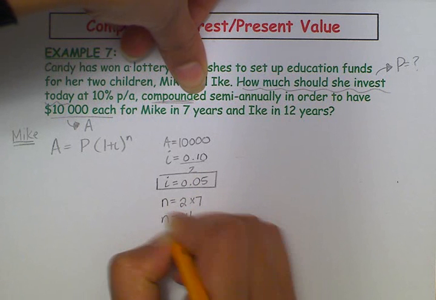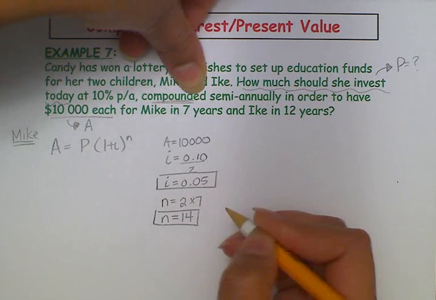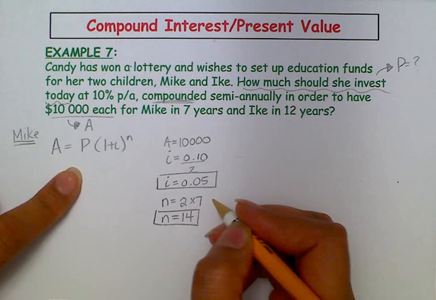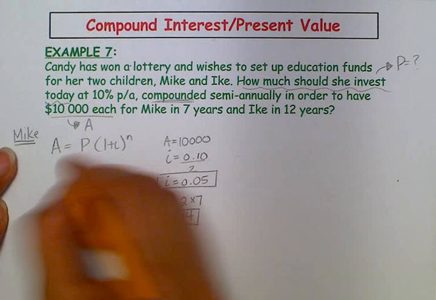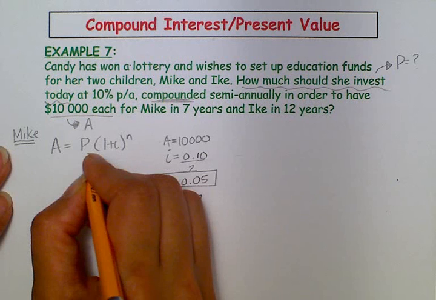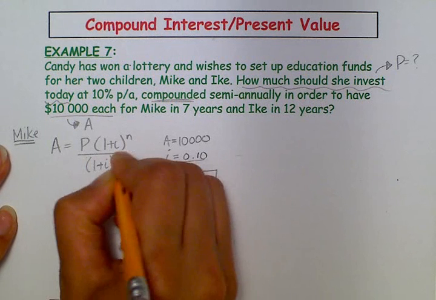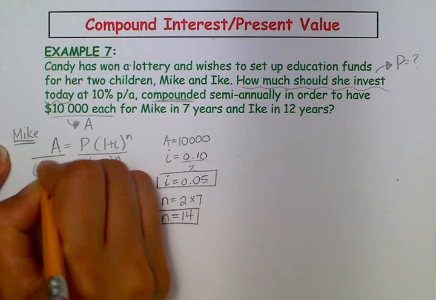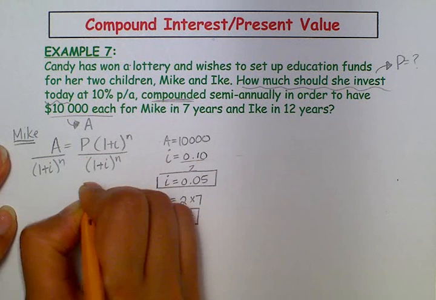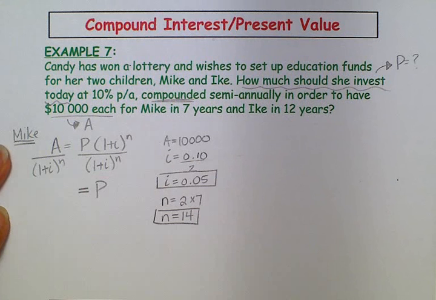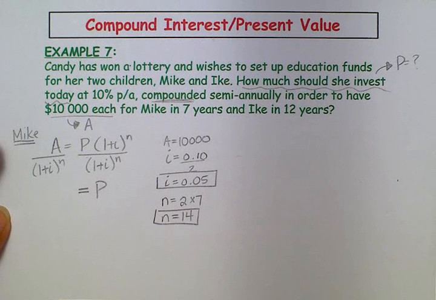So that's all the information we need to try to solve for the principal amount she needs to invest for Mike. If I rearrange the equation so that I have P by itself, I'm going to divide both sides by (1 plus i) to the exponent n. And so I'll get an equation that isolates P, and I'll substitute in the information that I know for A, i, and n.